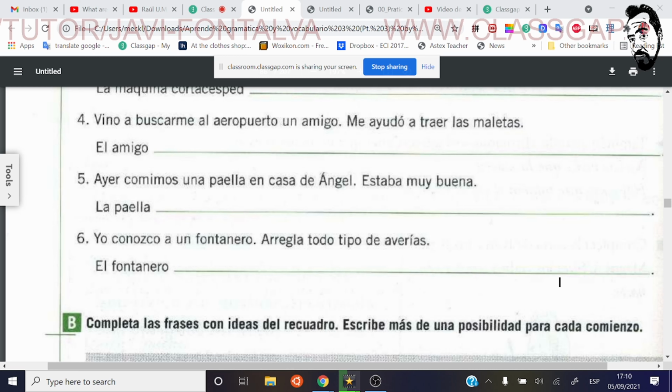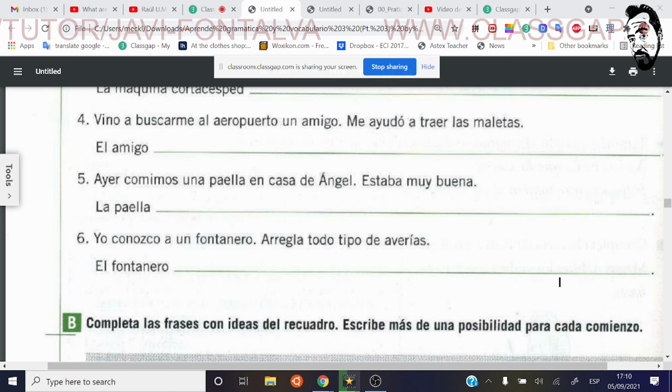So what I'm doing with this is I'm saying what friend I'm talking about. It's like an adjective, basically. El amigo, so my friend that then vino a buscarme al aeropuerto. Okay, that X helped me bring the luggage or something like that. So the friend who came to pick me at the airport helped me to bring the suitcase. Okay, we're fine.